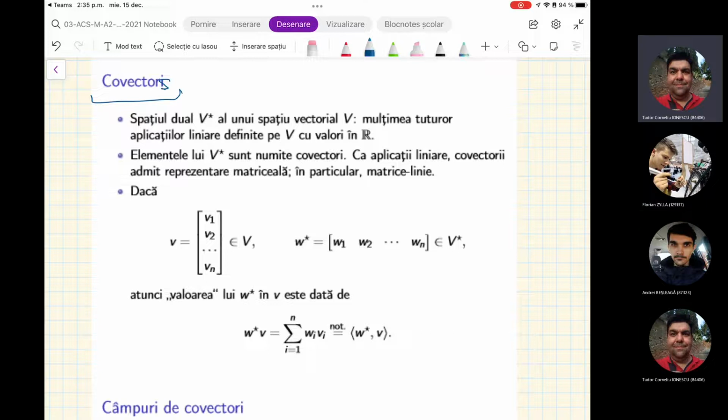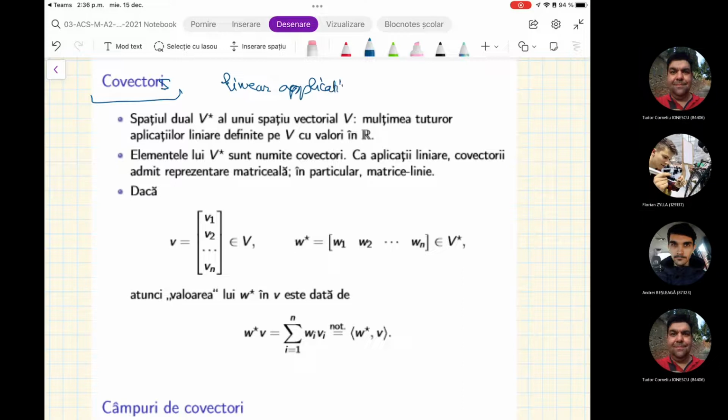As linear applications, the covectors get a matrix representation, because they are linear.